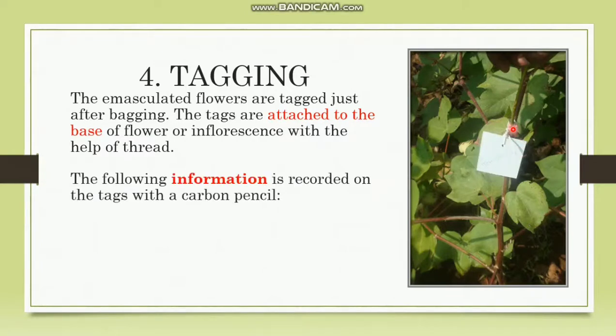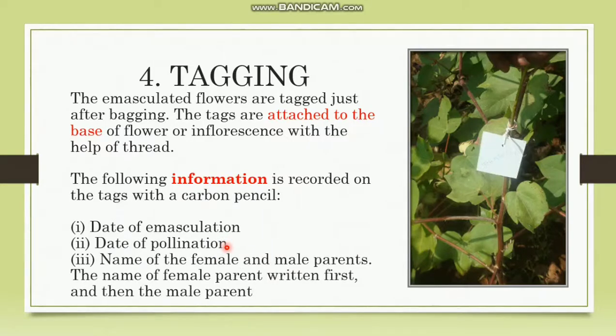The tag contains the following information: the date on which the emasculation is carried out, the date on which the pollination is carried out, and the names of the male and female parents. The name of the female parent is written first and then the male parent.